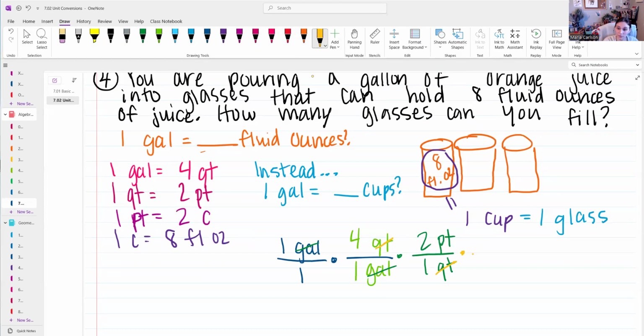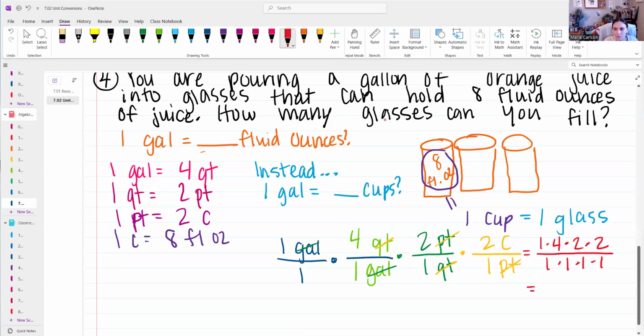And now I can convert pints into cups. So pints will go on the bottom, cups on top, and there are 2 cups per 1 pint. So the pints will cancel out, and I can finally just multiply across the top and across the bottom. So multiplying here, 1 times 4 times 2 times 2 will be in the numerator, and then 1 times 1 times 1 times 1 will be in the denominator.